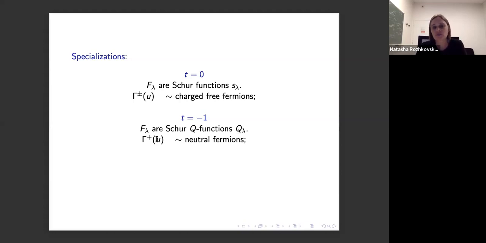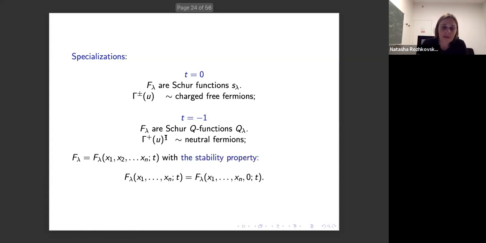And the corresponding vertex operators will become neutral fermions. So these two stories about charged free fermions and neutral fermions combine together if we introduce the parameter t. And that's convenient because then we can study Hall-Littlewood polynomials and do one computation and then restrict it to t equals 0, t equals -1. So you don't have to do the same thing more than once.